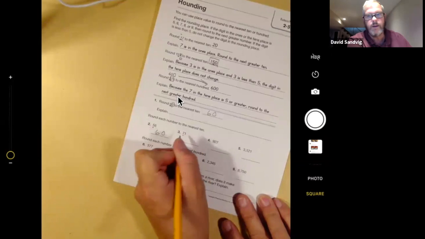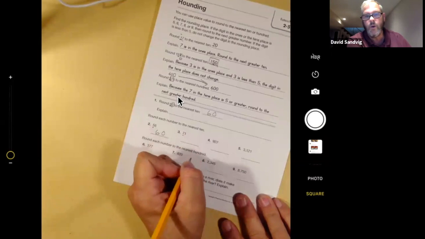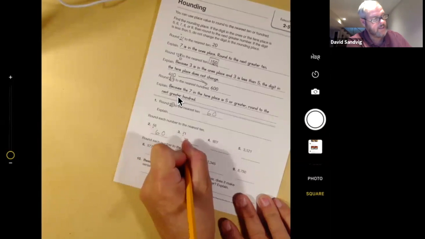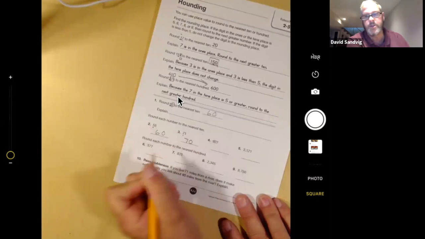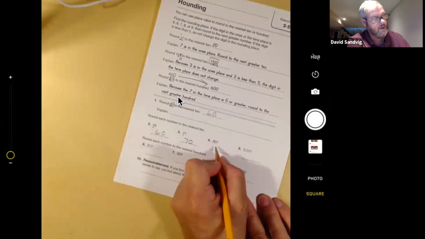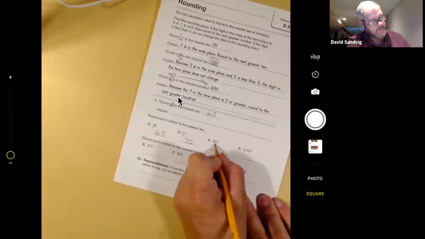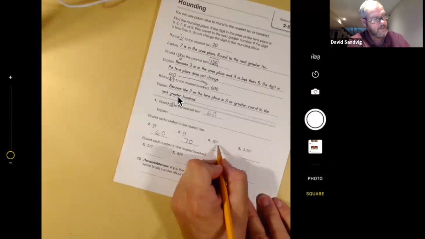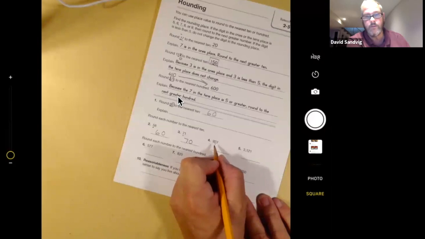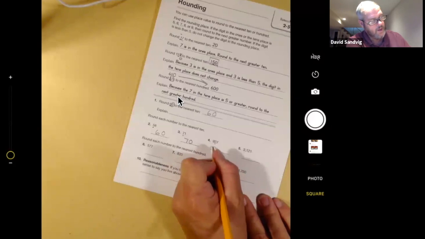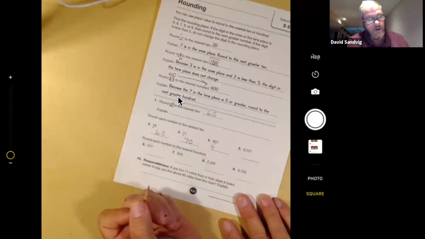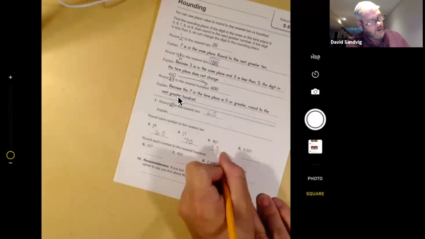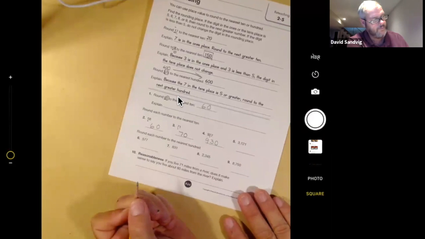We look at the 1. 1 is 4 or less, so we let that 7 rest, and all other numbers become a 0. 2 is in the tens place, so we look to the right, look next door. The 7 is 5 or more. Raise the score. The 9 wasn't ever involved. The 2 gets raised. We're raising the score. And all other numbers stay the same or become 0.